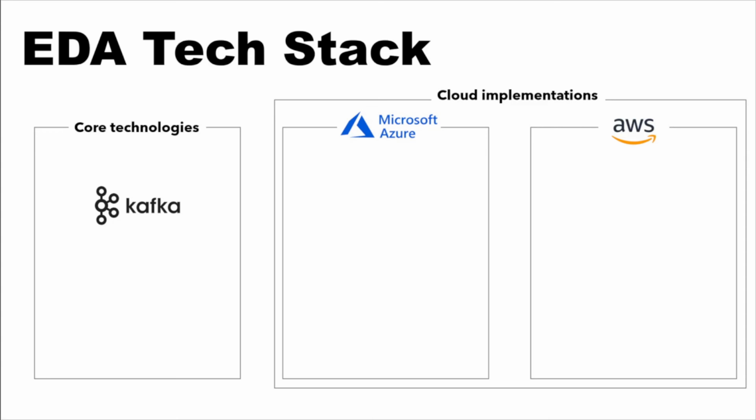Another important core technology is RabbitMQ. RabbitMQ is a message broker that used to be an implementation of the advanced message queuing protocol only, but since then it has expanded into different protocols and supporting many additional use cases.